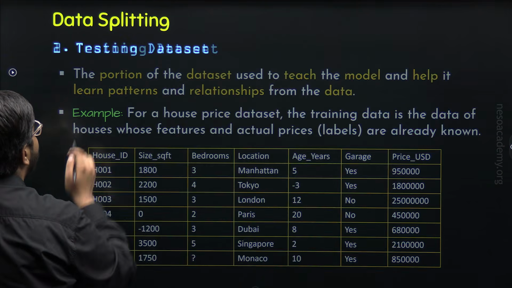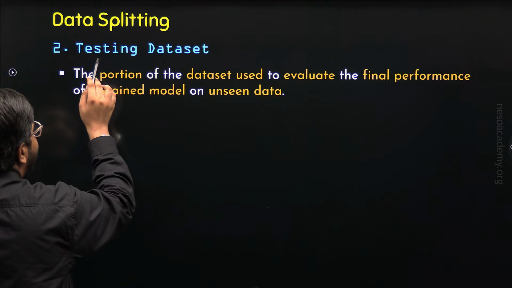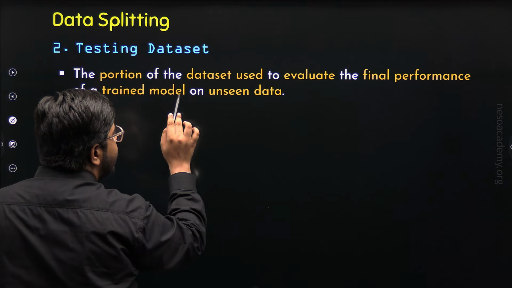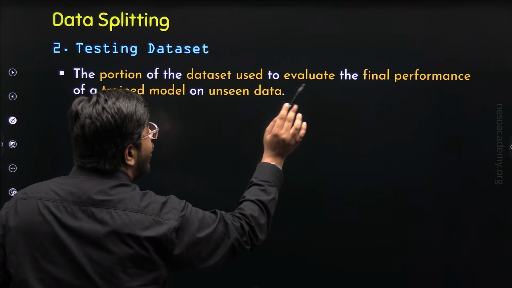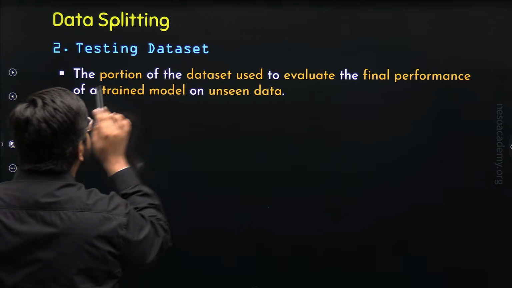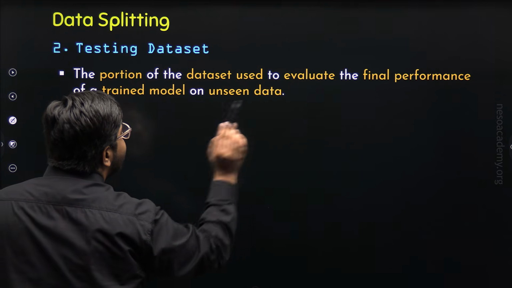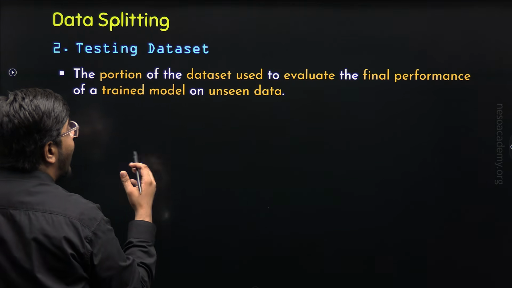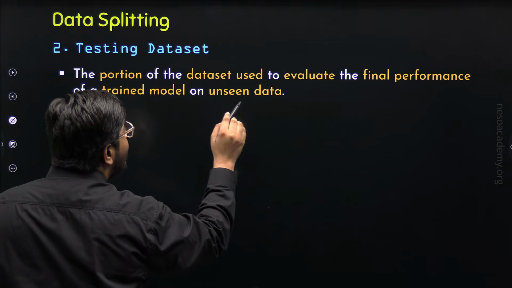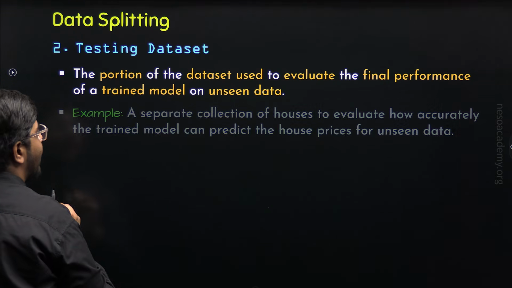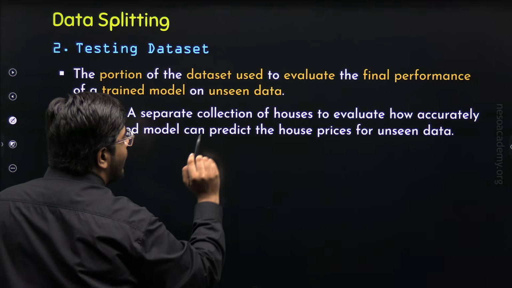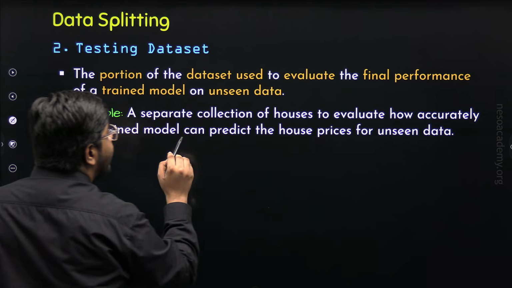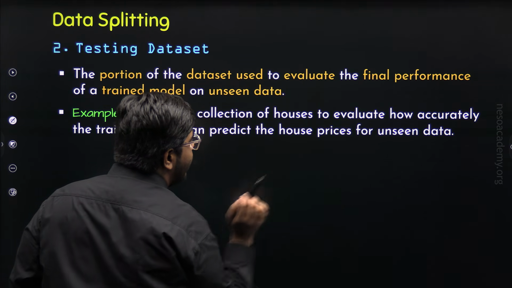Now let's understand testing dataset. Testing dataset is that portion or part of the complete dataset that is used to evaluate or check the final performance of a trained model on unseen data. How well the model is trained on the training dataset and how well the model performs on new or unseen data. For example, a separate collection of houses to evaluate how accurately the trained model can predict the house prices for unseen data.